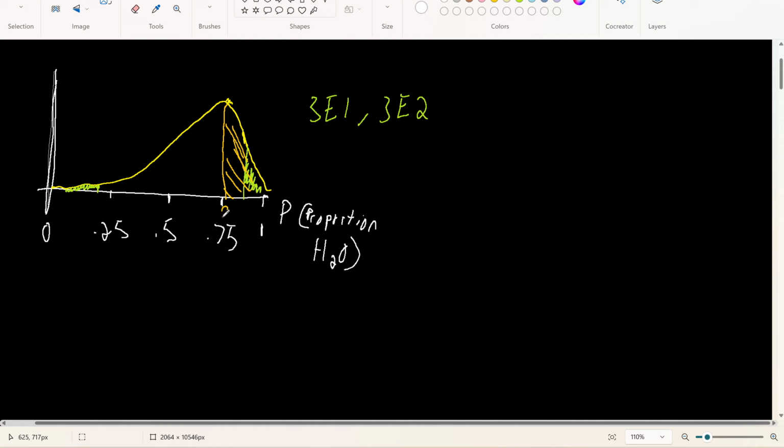And so it's asking us for this right here. And similarly, I don't remember what 3E4 was, but 3E4 asks, I'm giving you that I know where 20% of the probability mass is. What is the value on the x-axis, the proportion of water, that applies to?